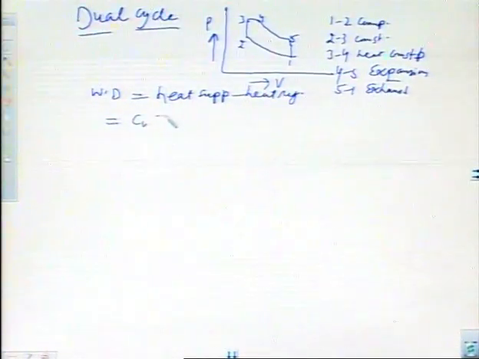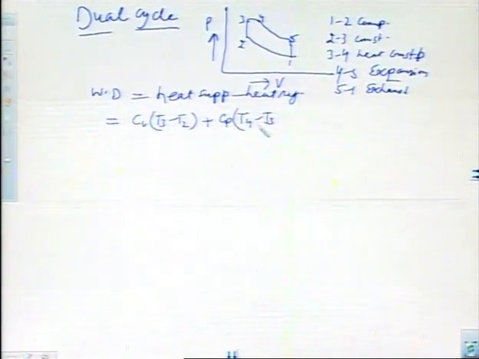CV T3 minus T2 plus CP T4 minus T3 minus heat rejected, that is at constant volume, CV T5 minus T1.